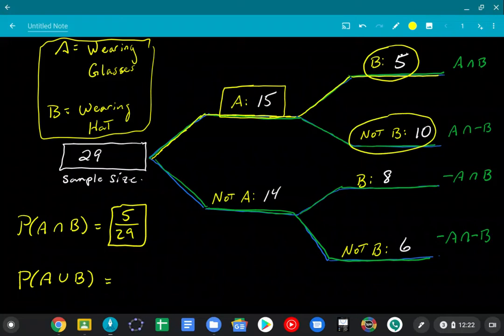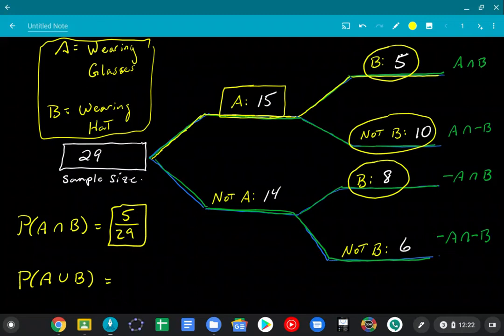But among the people who are not wearing glasses, the 14 people down here, there are still 8 people who are wearing a hat. So when I say A or B, I don't care if you're wearing glasses or a hat, you're coming to the party. All of you are coming.